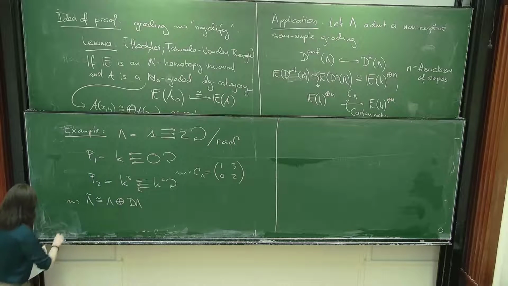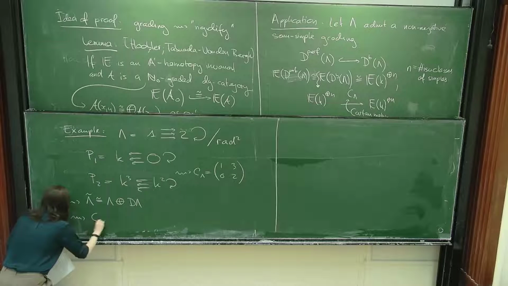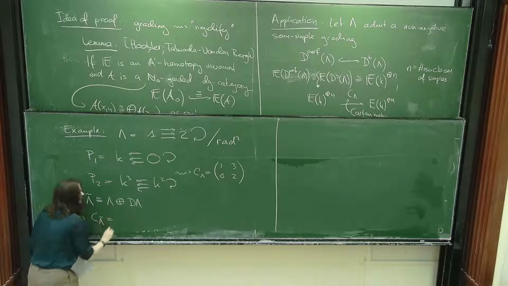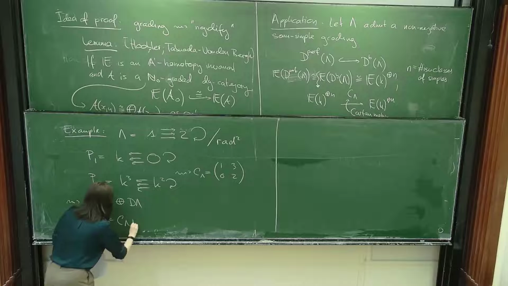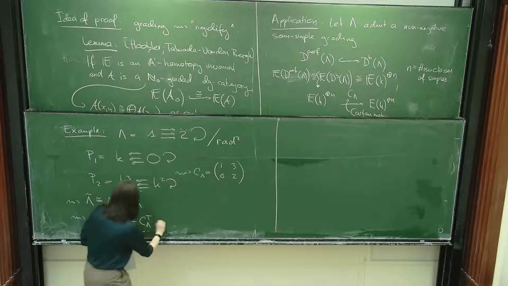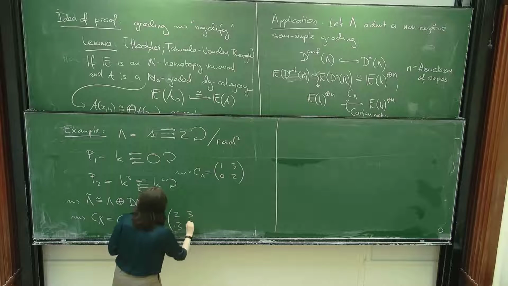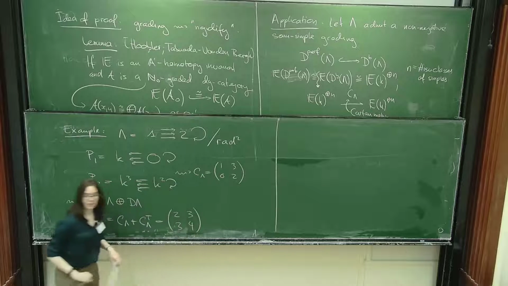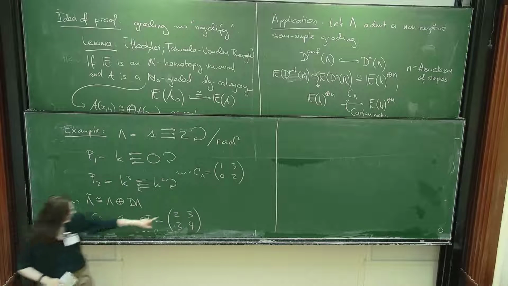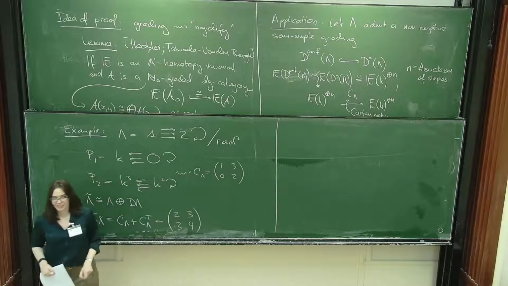So what I get as the Cartan matrix of lambda tilde is just the Cartan matrix plus its transpose. And that looks pretty promising because that is 2, 3, 3, 4. And the determinant of that thing is 8 minus 9, which is minus 1.